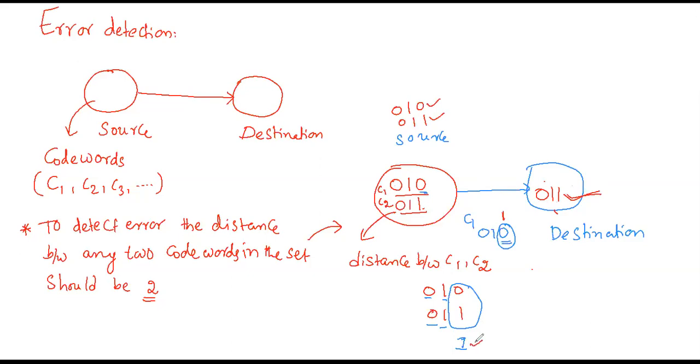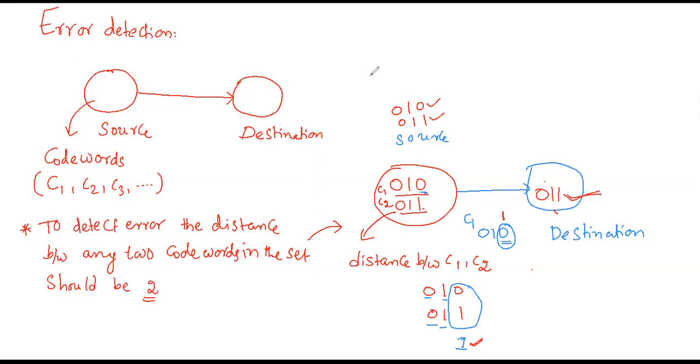Here the distance is 1. That's why to detect error, the distance between any two code words in the set should be 2.